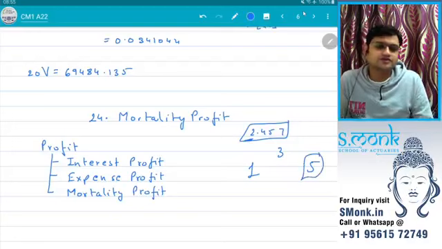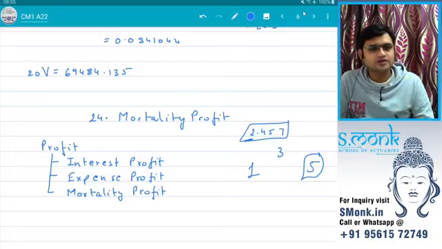Then what happens? Okay. So depending on the policy type, it might be advantageous or it might not be advantageous to us in terms of profit if a greater number of deaths occur or a smaller number of deaths occur. It depends on the type of policy.